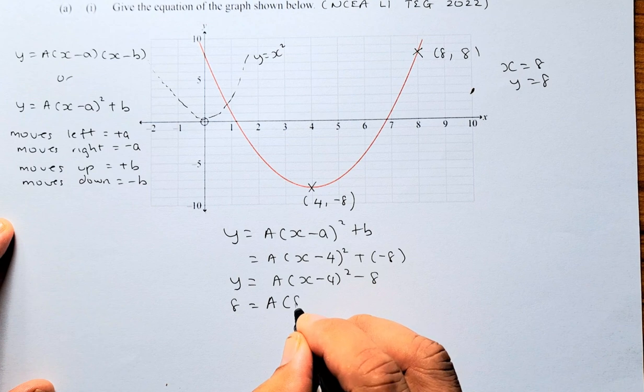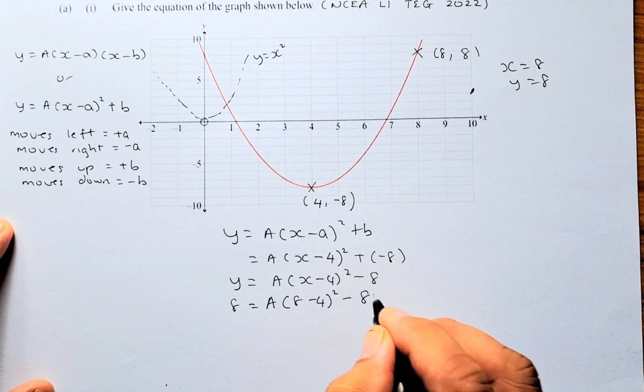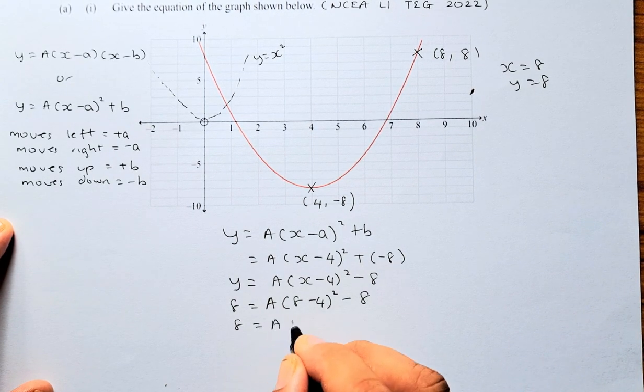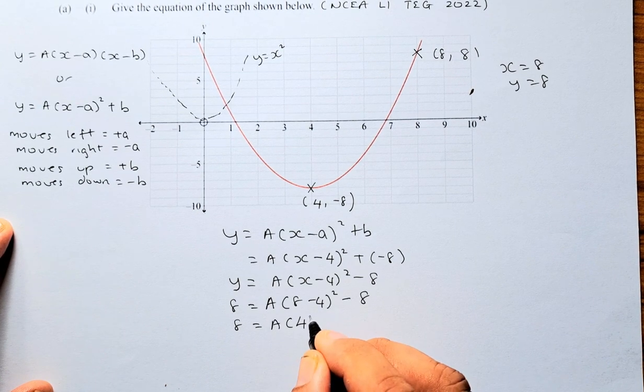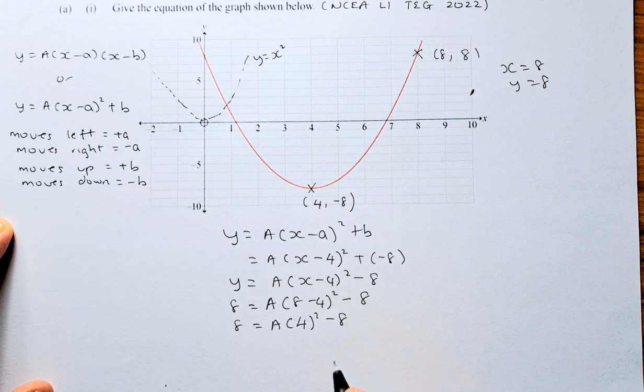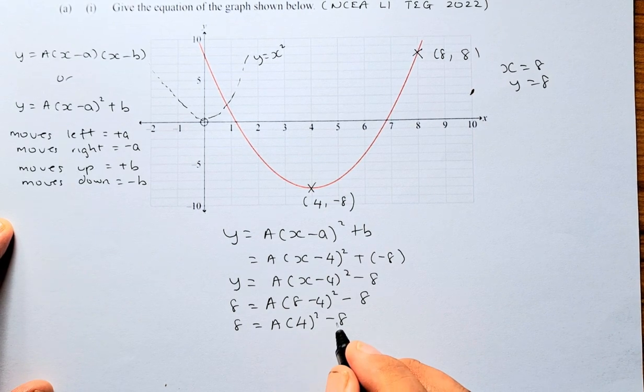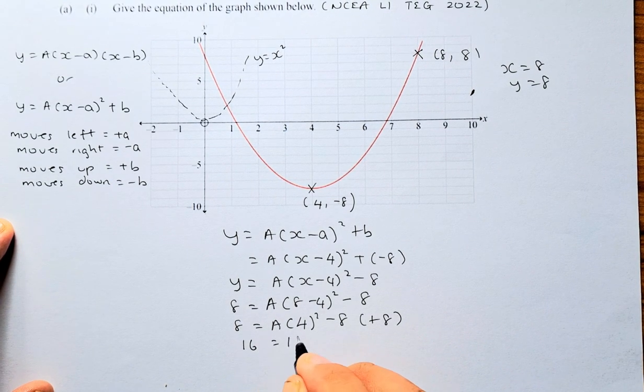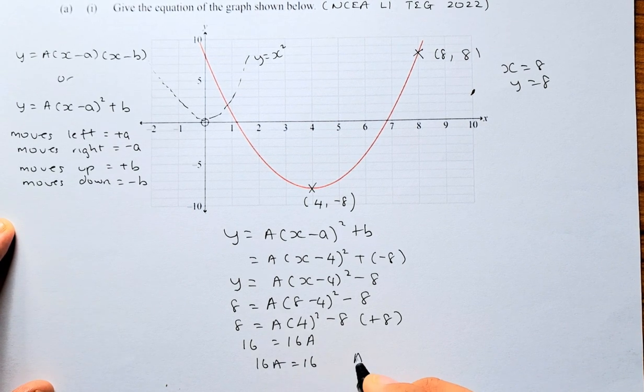So 8 equals a(8 - 4)² - 8. Now we solve it. 8 minus 4 is 4, squared is 16, so 8 equals 16a - 8. We solve this further by adding 8 on both sides of the equation. 8 plus 8 is 16, so 16 equals 16a, and 8 minus 8 is 0. So 16a equals 16, so a equals 1.